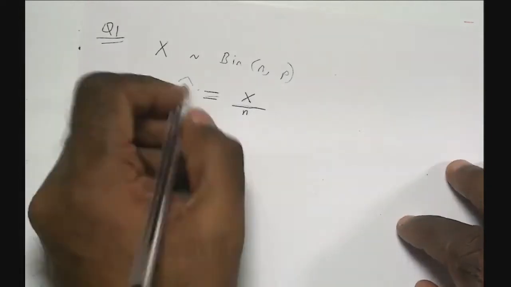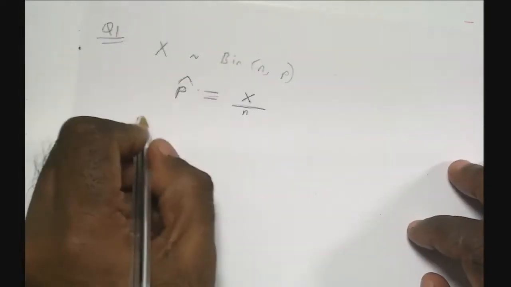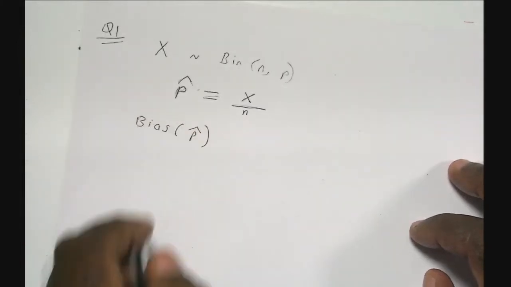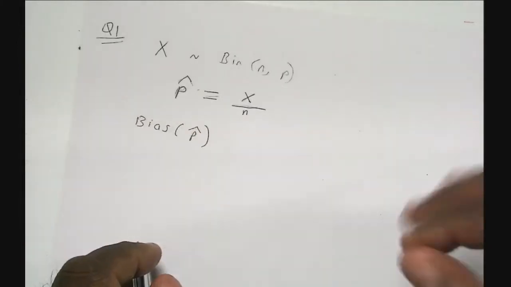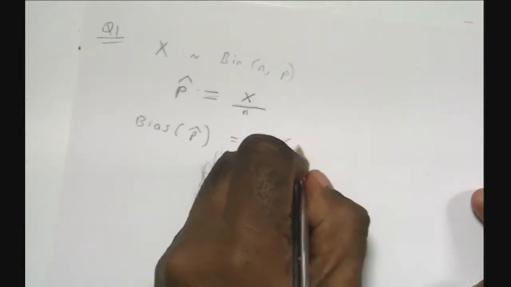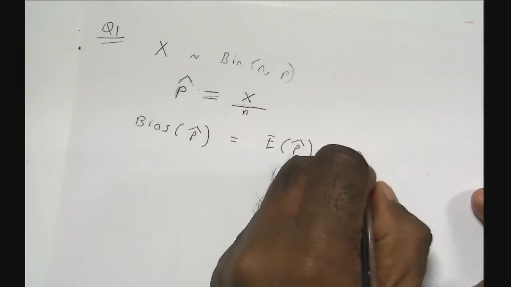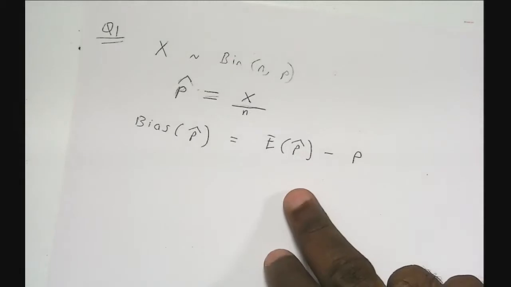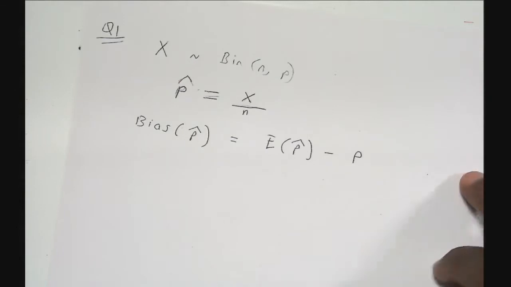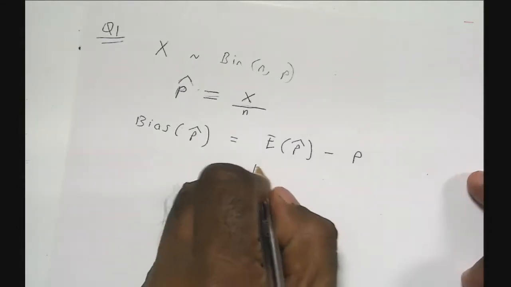Right. So, all right. The first thing is bias, guys. The bias of p hat, as you know by definition, remember this is the definition of bias. The expectation minus the parameter you're trying to estimate, right?